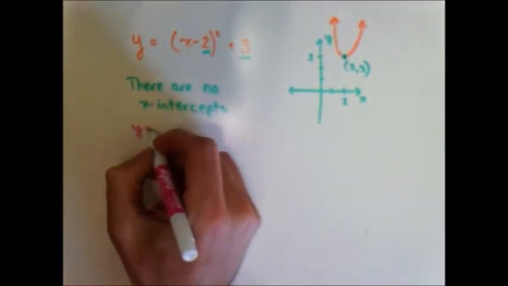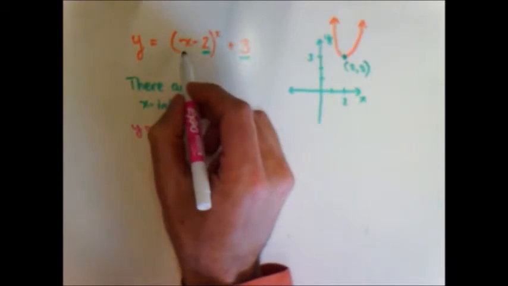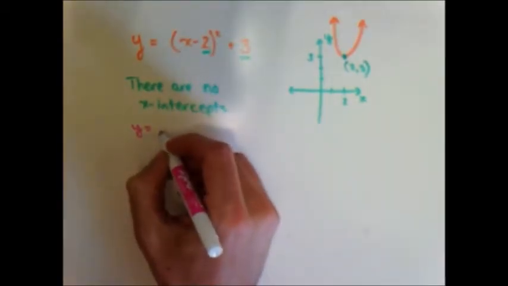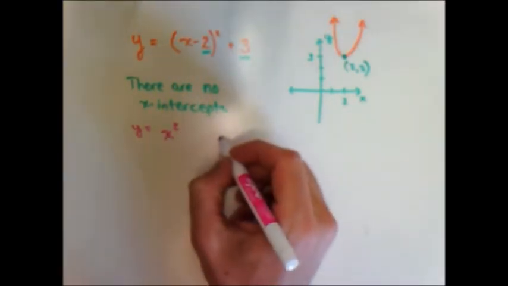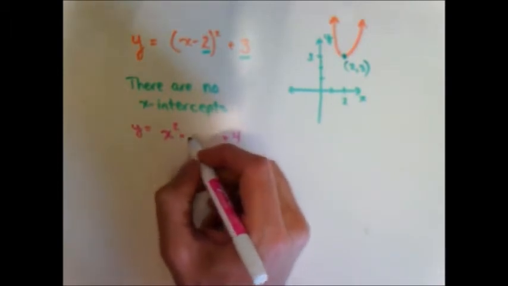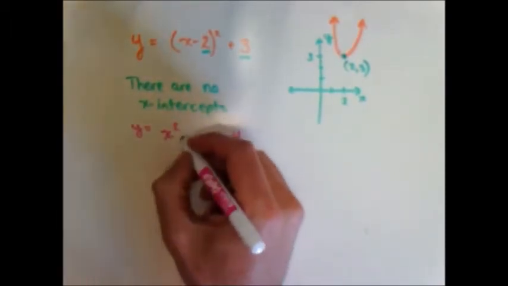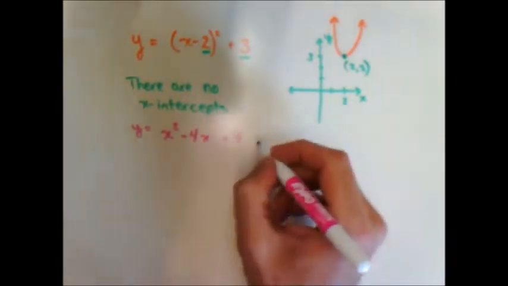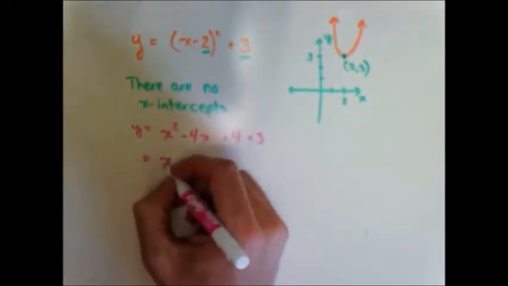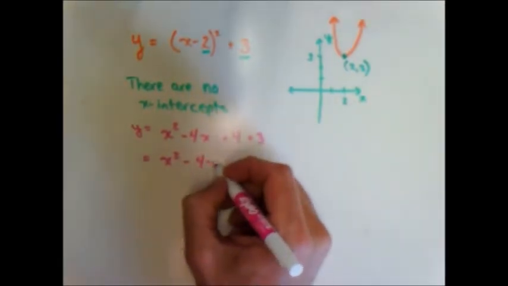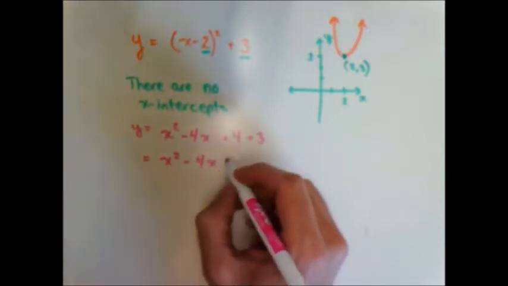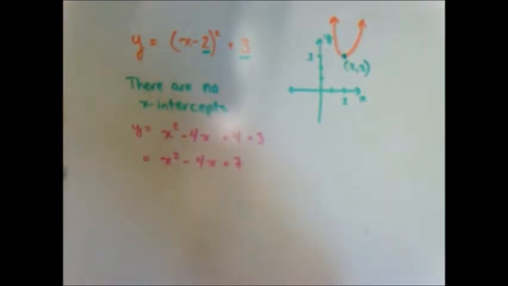This is a binomial squared, which expands to a squared, plus b squared, and in the middle 2ab. So we have minus 4x, and on the outside we still have plus 3. Combining like terms leaves us with the parabola in standard form: x squared minus 4x plus 7.